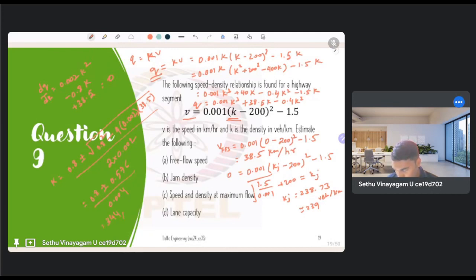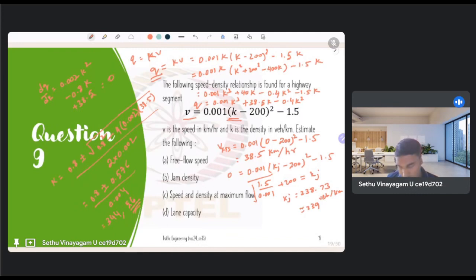So the other root is 56. Okay, so we have two values of density here. So if you plot or if you find the second derivative, you'll find which is the point where your flow will be maximum, right?